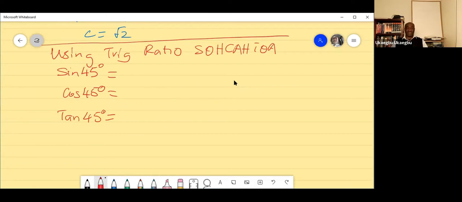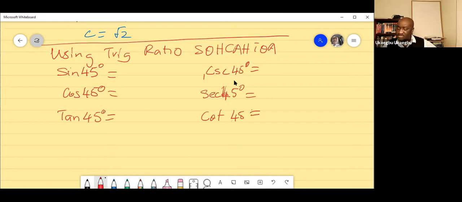So these are the first three. And then once we are done with that, we come back again and do cosec 45 degree, secant 45 degree, and cotangent 45 degree.